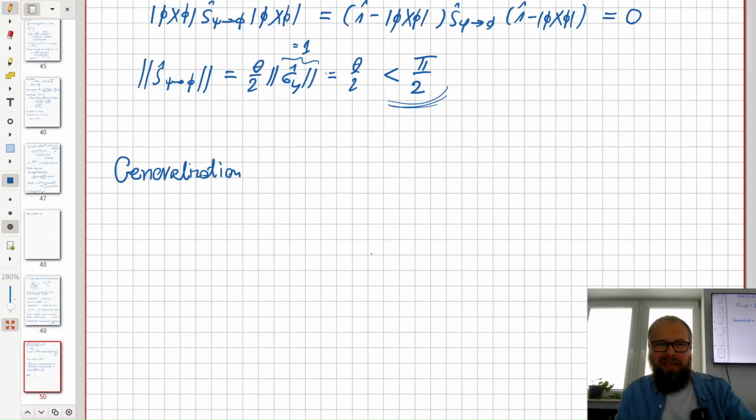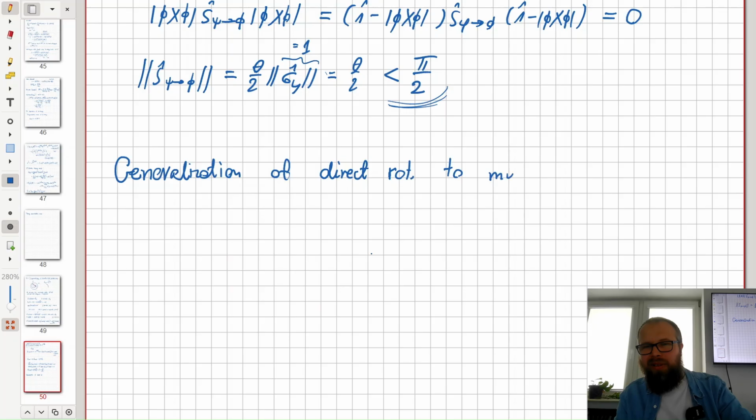So, the generalization of direct rotation to multi-dimensional subspaces.